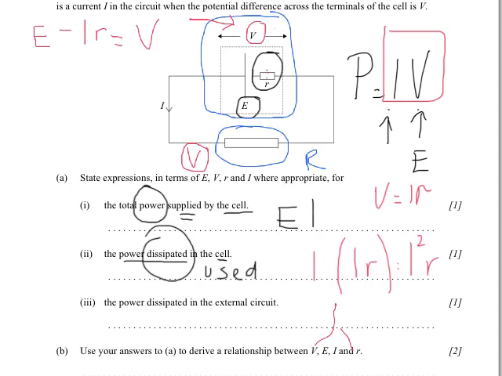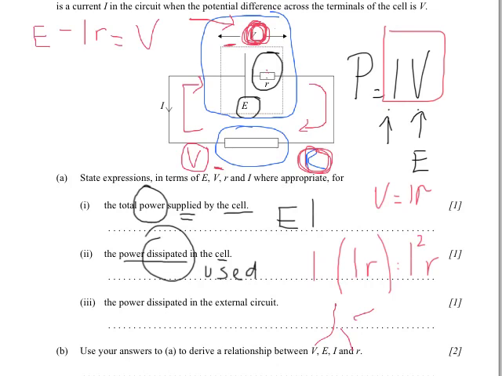Now, you could just think about this: if that is the potential difference, the energy per unit charge that is available, and there's only one resistor in the circuit, then all of that energy, V, will be transferred at this resistor here. So V here is going to be equal to V here.